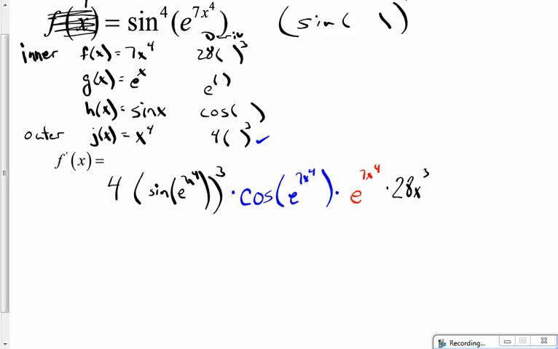Okay. The red one comes from here, because e is its own derivative, right? I did cos, so now I need to differentiate the next step. I need to differentiate the e to the 7x to the 4th. That's a chain rule problem too. The derivative of e to the is e to the. And then since that last function is the very innermost function, I multiply by its derivative last.